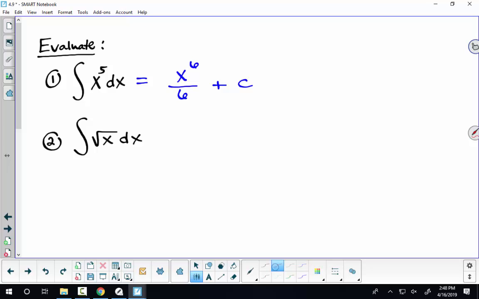Here we can check: we take the derivative of x to the 6th over 6, and we should end up with x to the 5th. So hopefully you can see that it does check out.